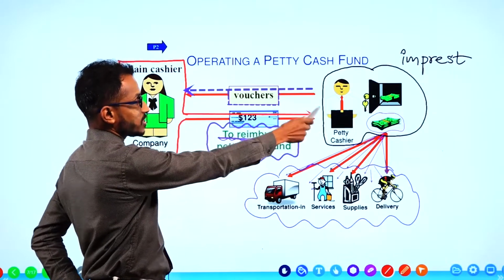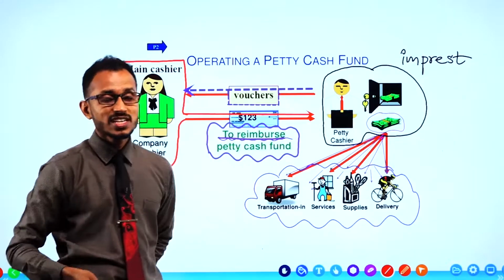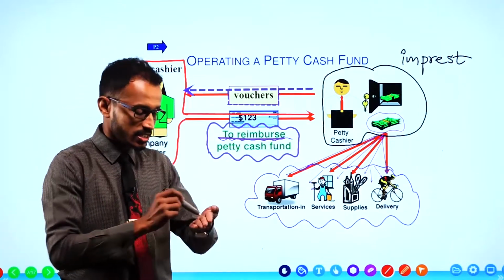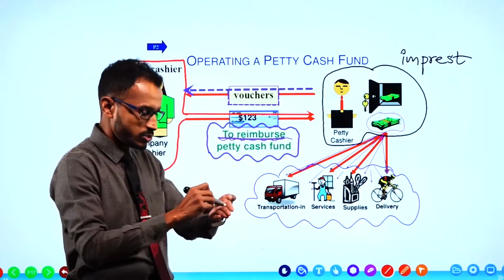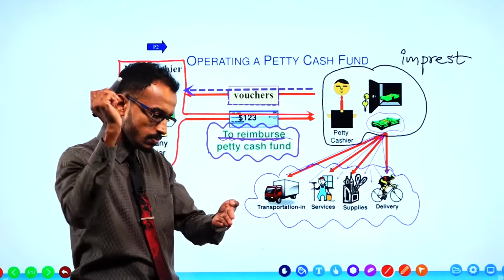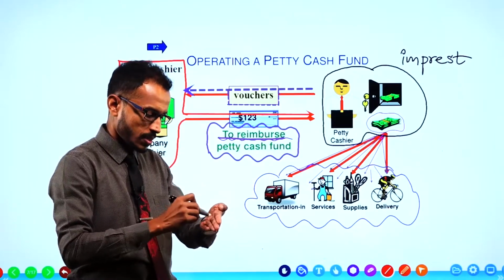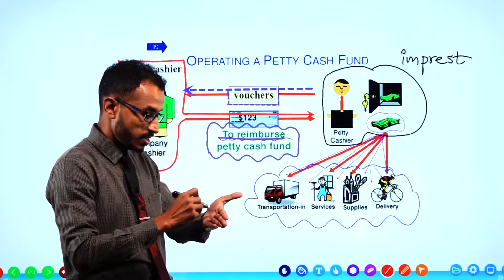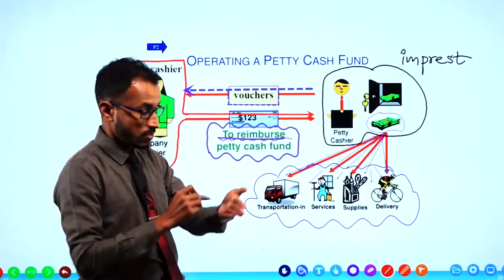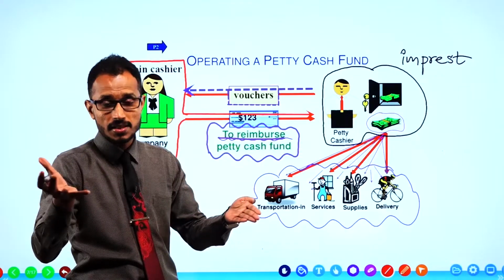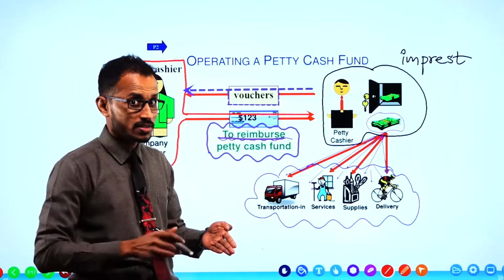First of all, the petty cashier must produce the vouchers. For each and every petty cash transaction, the petty cashier must issue a voucher, which should be prepared. The bill, the source document.